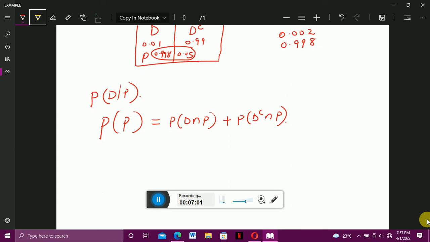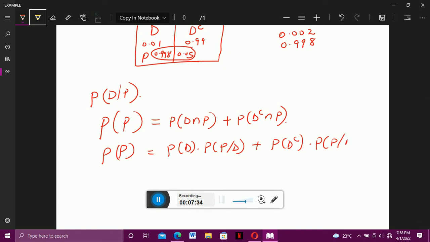So now, introducing conditional probability, the probability of getting a positive result is the probability of having the disease times the probability of getting a positive result given that you have the disease, plus the probability of not having the disease times the probability of getting a positive result when you do not have the disease.